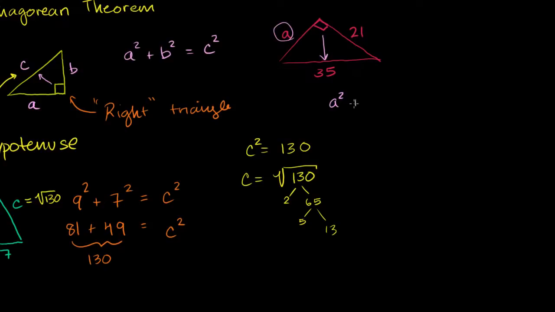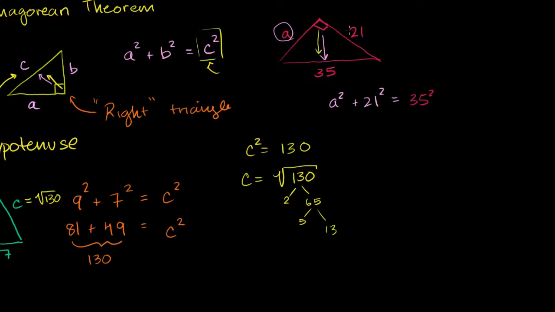So a squared plus 21 squared is going to be equal to 35 squared. You always have to remember the c squared right here. The c that we're talking about is always going to be the longest side of your right triangle, the side that is opposite of our right angle.